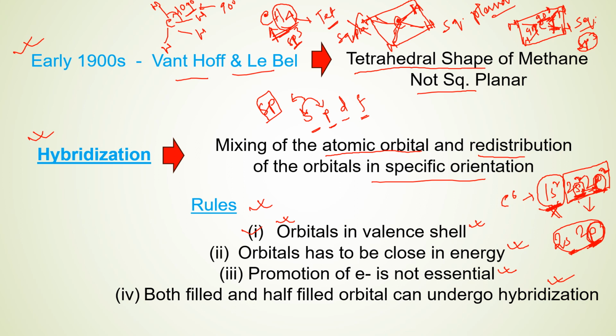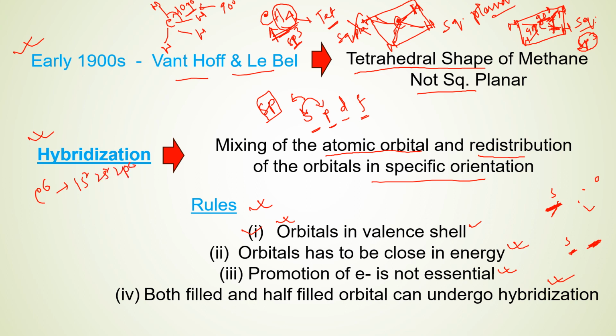If we consider the case of carbon, C6, 1s2, 2s2 and 2p2. In the hybridization, s has one orbital.